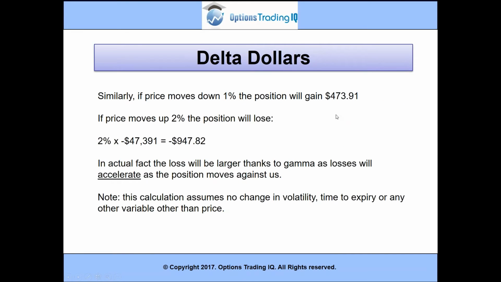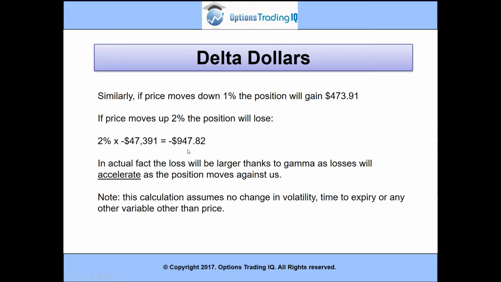So we looked at a 1% move. If price moves down, the position is going to gain $473. If price moves up by 2%, the position will lose 2% times 47,391, so you're going to lose $947.